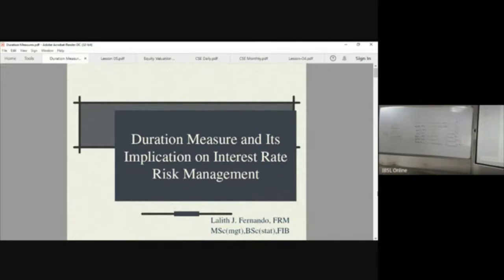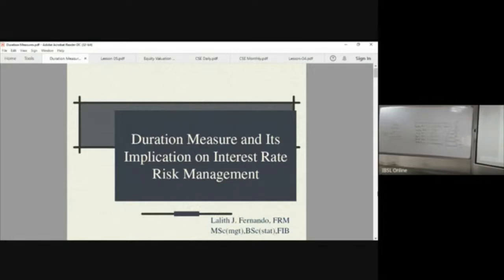If you have a bond portfolio of billions, even a small increase in interest rates will cause a drastic drop in the value of the bond portfolio. Now duration is a measure for that. Duration can measure that type of drop. That is the importance of duration.